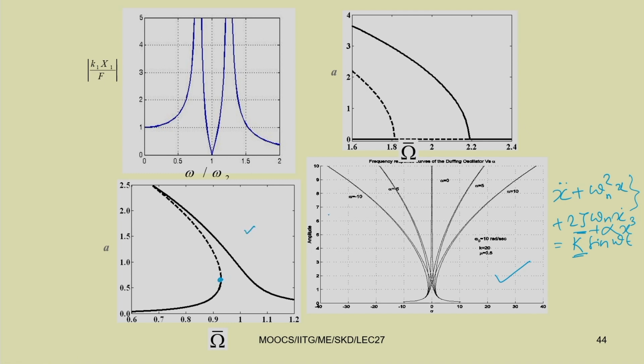These frequency responses are for nonlinear systems. In nonlinear systems the response can bend to the right or left, and at omega equal to omega n it is not infinite. So the nonlinearity limits the vibration of the system.